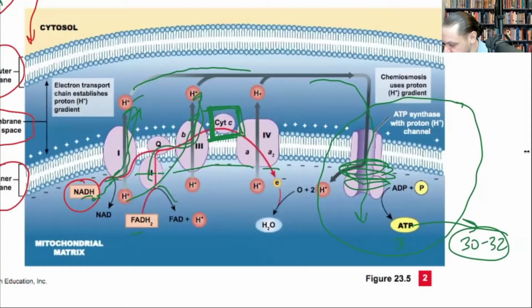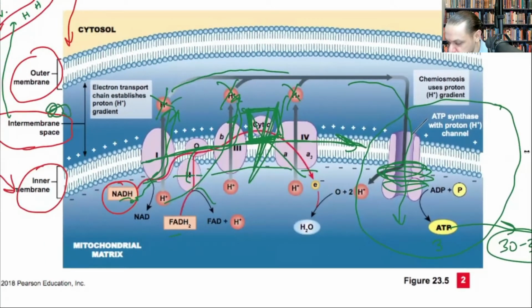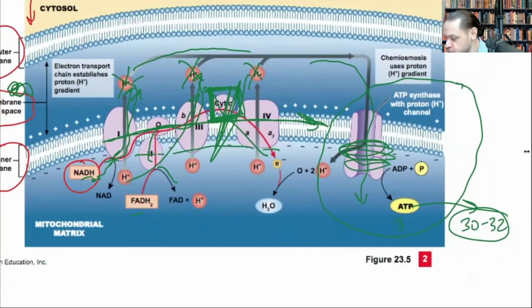If you block this process, you cannot have this going forward. If you do not have this going forward, there are no more hydrogens coming out into the intermembrane space. If they're not making their way into the intermembrane space, you cannot drive this ATP synthase. You cannot do this. So the cyanide basically disables this. So that's why we give them the medication.